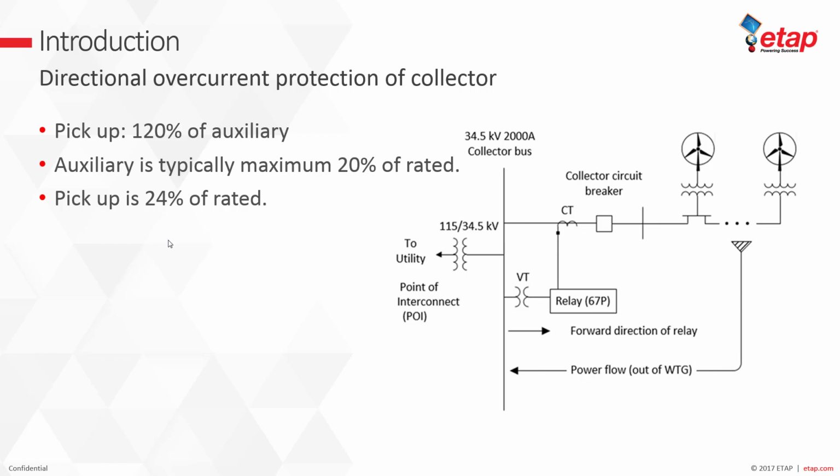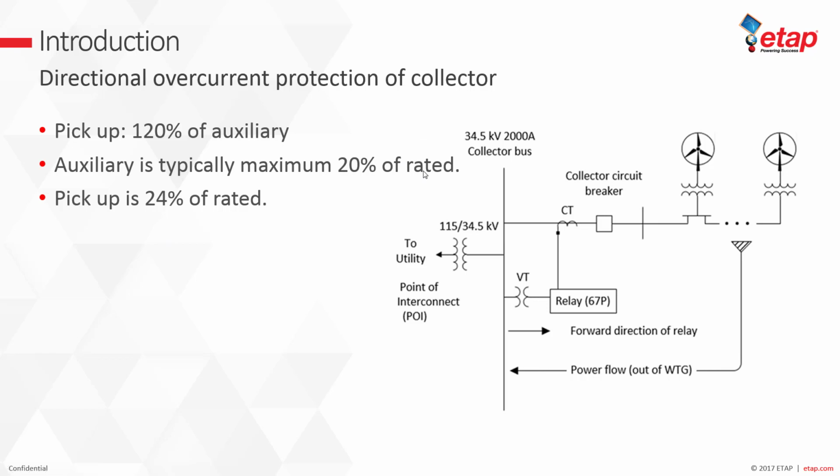This directional overcurrent protection can have phase and ground protection, but for this webinar we're going to focus on the phase directional protection, which is prone to error and false trip. In a typical wind turbine generation, each wind turbine has some level of auxiliary load, which is typically around 20% of the rated value.